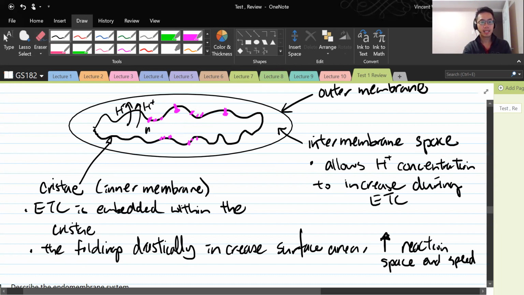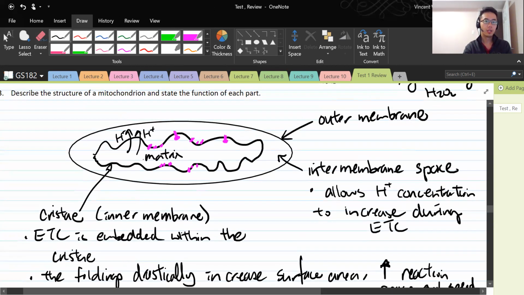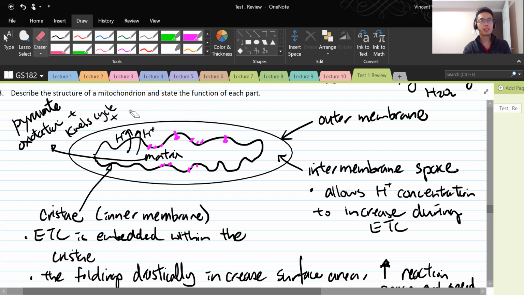Finally, the inside is the matrix. Okay, so what happens in the matrix? Well, in the matrix, we have the pyruvate oxidation, right, plus Krebs cycle. And also, we can do the oxidative phosphorylation.